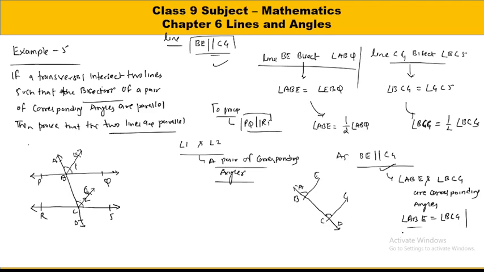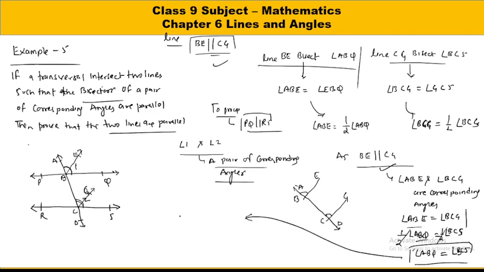So angle ABE can be written as half of angle ABQ, and angle BCG can be written as half of angle BCS. So half and half get cancelled. Then angle ABQ is equal to angle BCS.